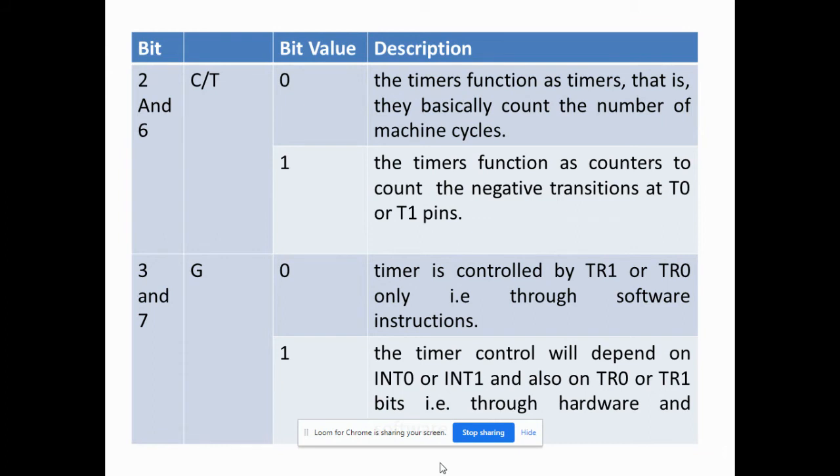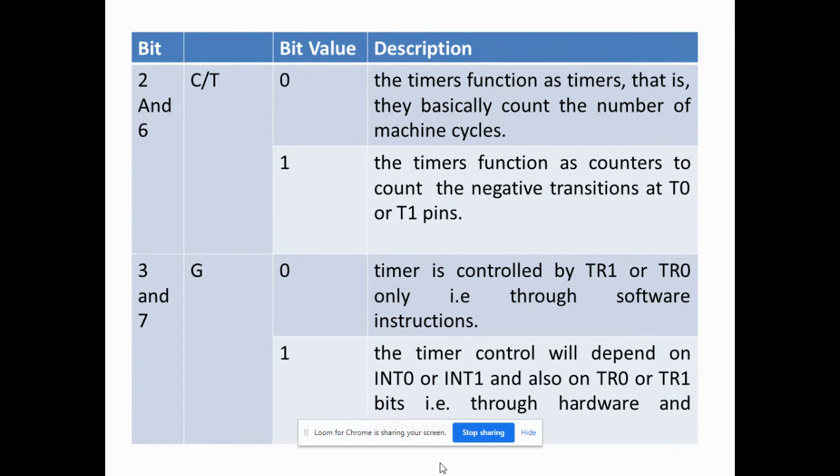If it is set equal to 0, the timer will function as a timer, that is, they basically count the number of machine cycles. And if we want to select a counter, then this bit should be set equal to 1.